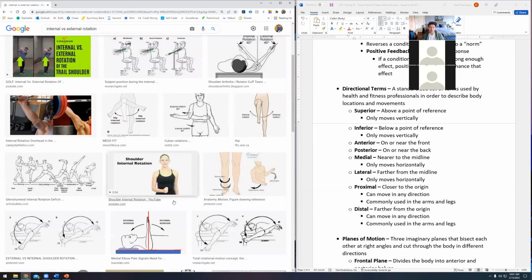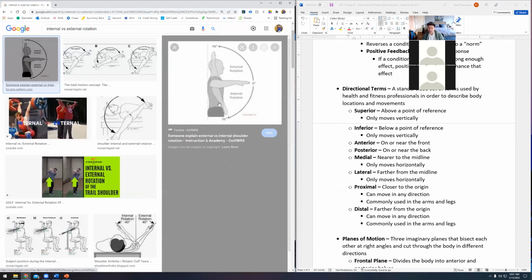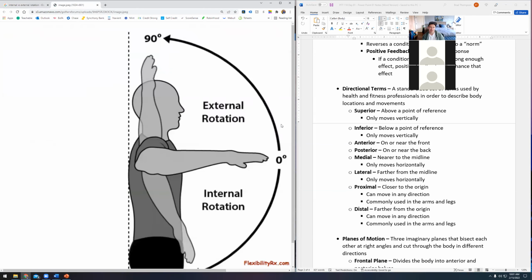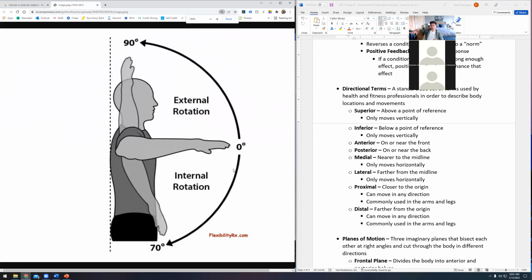Sometimes I'll hear this argument: people go, well, it's a circle. Technically internal is external, because if you go all the way around, eventually it becomes internal again. So technically there's no such thing as internal versus external rotation. I've heard that argument before, and it is a dumb argument. That is not how that works.